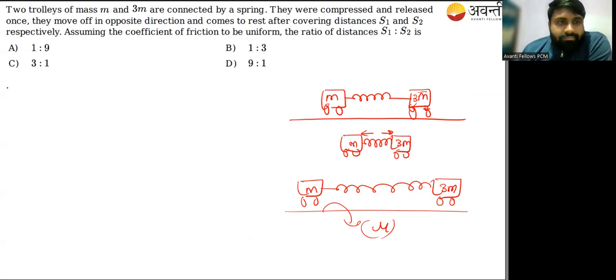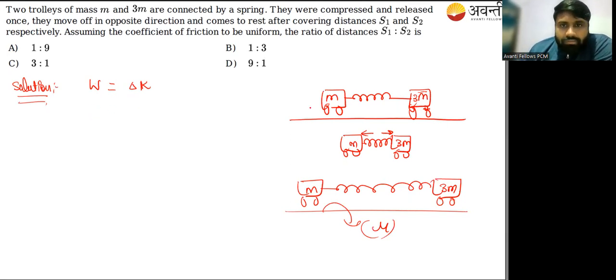So if I apply the work energy theorem, net work done is equal to change in kinetic energy. Work is done only by the friction, because the friction will oppose the motion of these blocks.